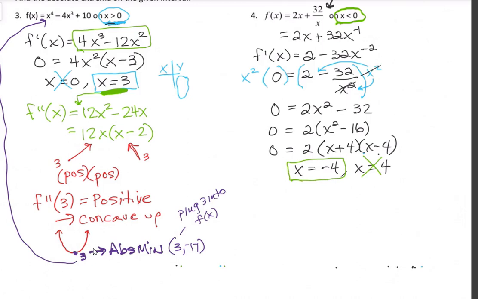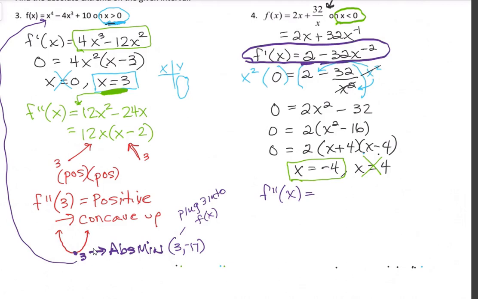And because I only have one critical number, I need the second derivative test. So now I'm going to find that second derivative. So my second derivative would be, and again, I'm going to work off of that first derivative. So the derivative of 2 is 0.